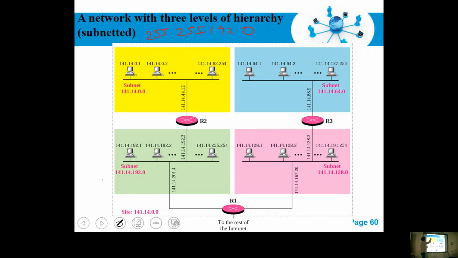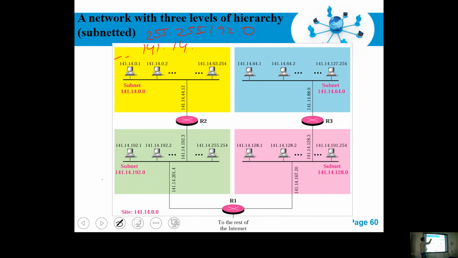The first 2 bytes come as they are. Because I have 255, whatever number I consider in the first 2 bytes will come as it is. If I have 141, I'll get 141. If I have 14, I'll get 14. If I have anything else, I'll get the same thing. So I'm clear with the first 2 bytes.